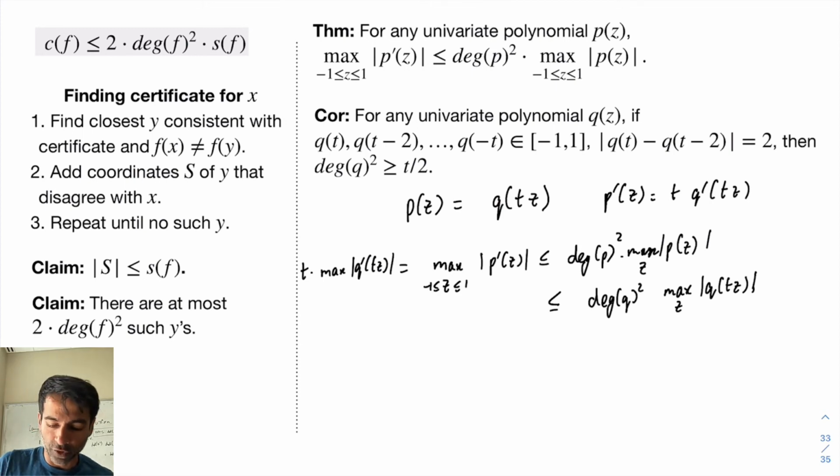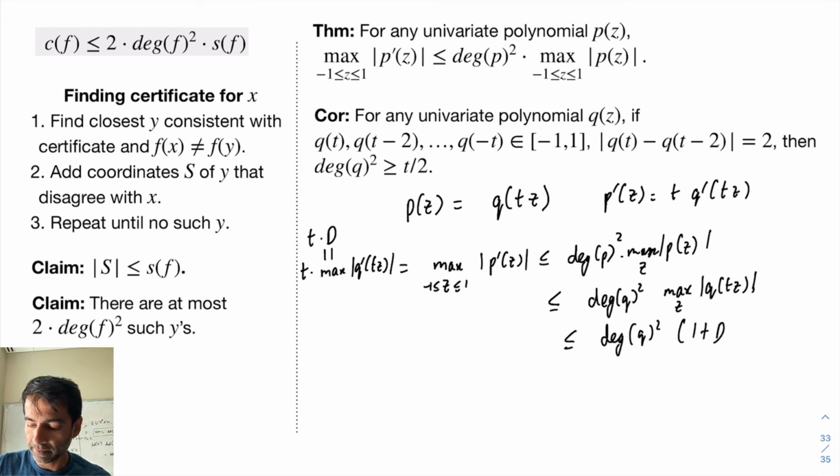But now, let's write D to be the maximum value of the derivative of Q. Then the maximum value that Q takes is at most one plus D. That's because Q has to have value between -1 and 1 on these points, t through minus t, the integer points.